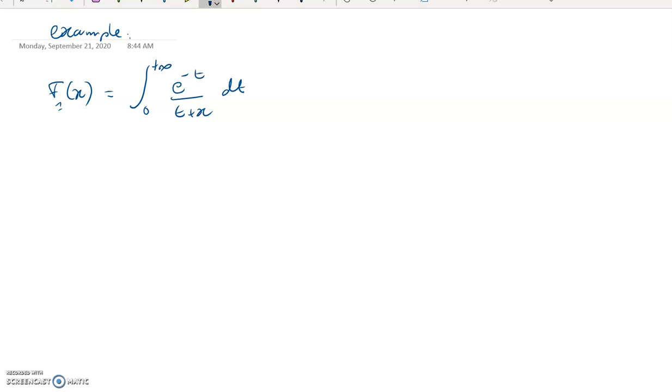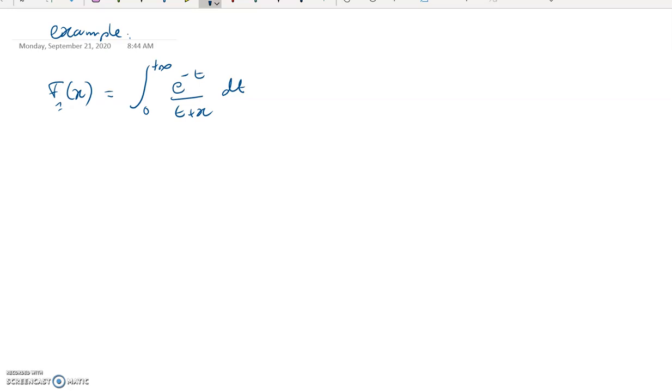You also notice that the interval of integration is infinite, so we are in a case of improper integral, and we still have to study the boundedness of this integral.